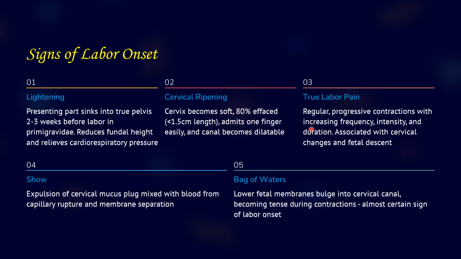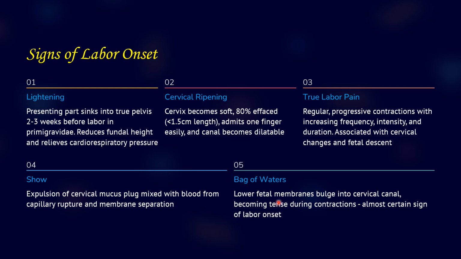Number three, you'll also see true labor pain, which means regular progressive contractions with increase in frequency, intensity and duration. Because of that there are changes in the cervix, and the fetus also descends. Number four, you'll also see show, which is a cervical mucus plug mixed with a tint of blood.